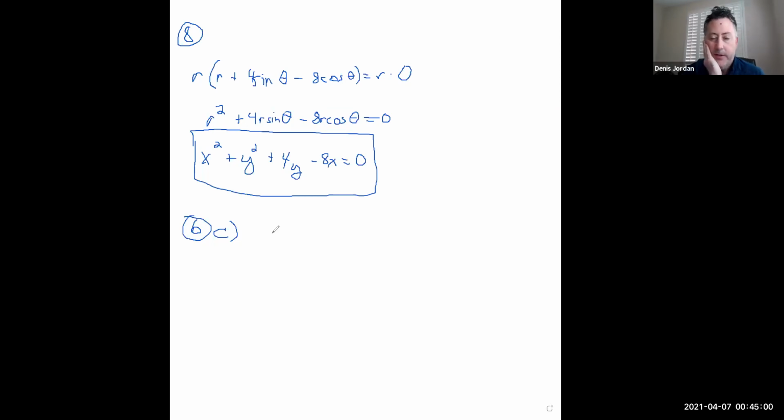So you have a choice. You can either change the cosine of 2 theta or you can change the cosine of theta. And you typically want to change the one that's the easiest to do. So that is going to be the cosine of 2 theta, that first term. And we have 3 options for cosine of 2 theta. All 3 of them will eventually work, but one of them is going to be a lot faster than the others.